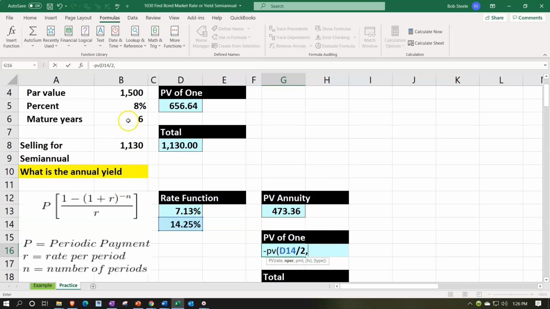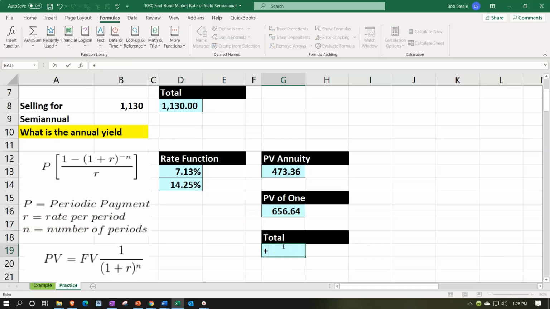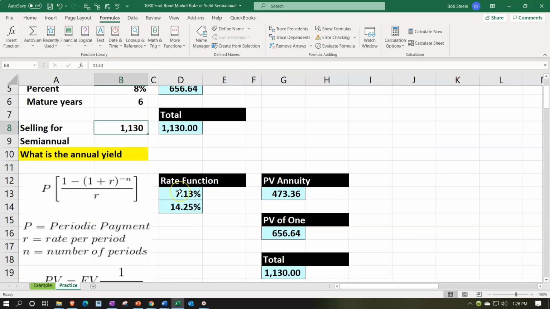Number of periods is going to be the 6 times 2, or 12, comma, comma, because it's not an annuity, picking up the payment, future value, then the 1,500. Enter. That then matching this number, adding these up, should give us our price, which should give us our check, our verification that we have indeed done this rate function correctly.